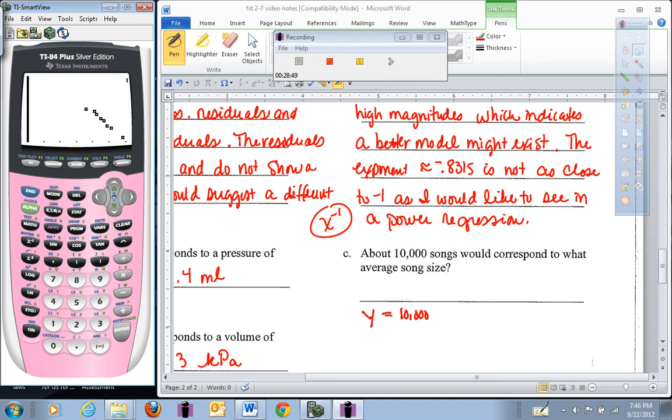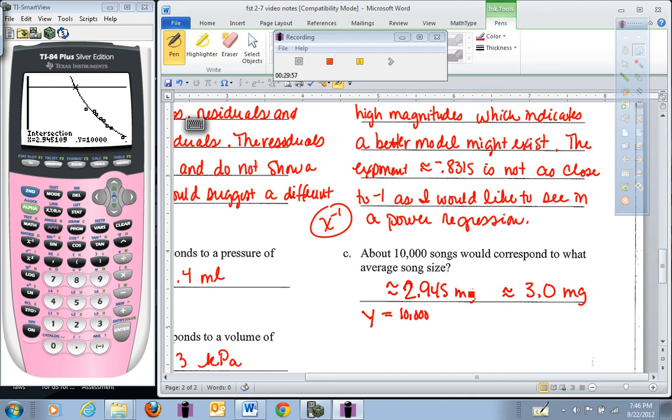You can't have less than 0 songs or 0 megabytes. And so my point of intersection is at about 2.945. We might want to do it to the nearest tenth, so 2.945 megabytes would really be about 3.0.